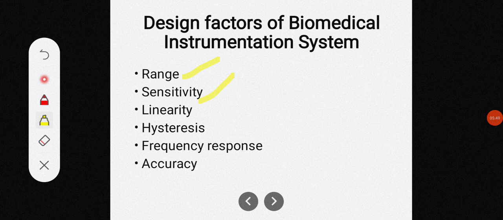So it also points to the resolution. The sensitivity also points to the resolution, which means the resolution of an instrument is directly proportional to the sensitivity. What is resolution?